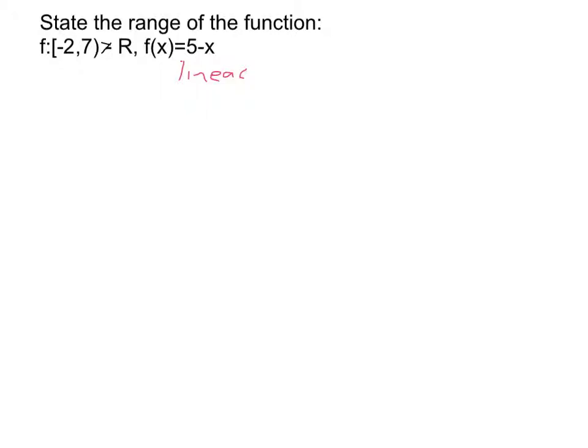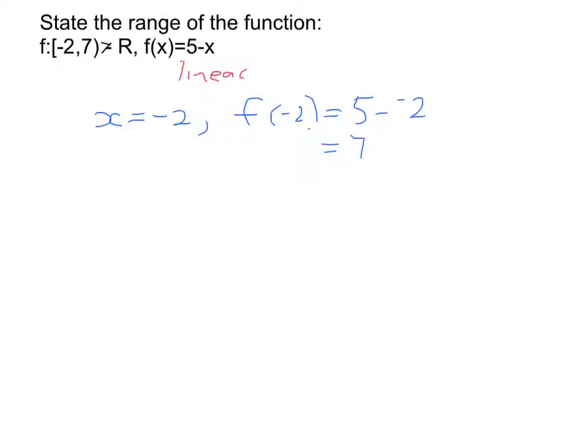So basically what we need to do is find the y values that correspond to negative 2 and 7 as the limits of the domain in the x. So if x is equal to negative 2, then f of negative 2 will be equal to 5 take away negative 2, which equals 5 plus 2, which is 7.